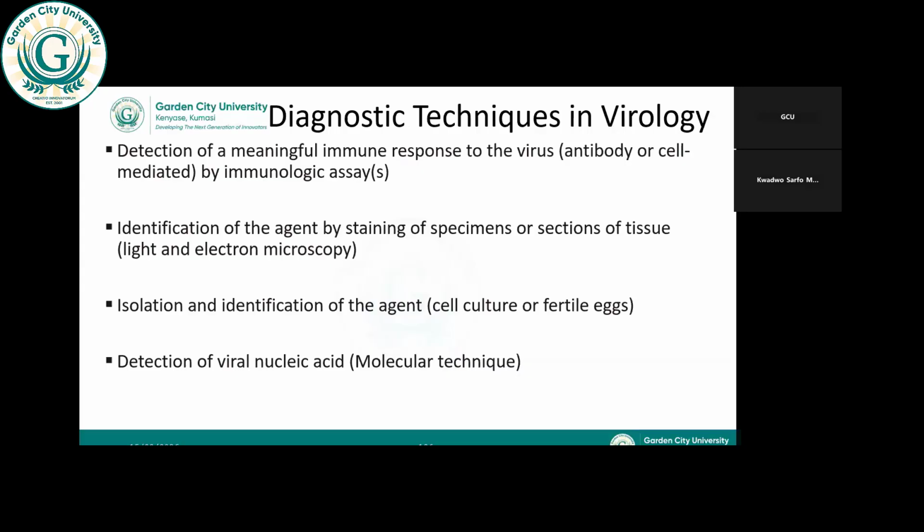Viruses can be detected in so many ways. So we can monitor the immune response to the viruses, using immunologic assays that will look at antibody or cell-mediated activities. So once the virus gets into the host, the virus is an antigen, and the host will mount an immune response in the form of antibodies to attack the viruses.